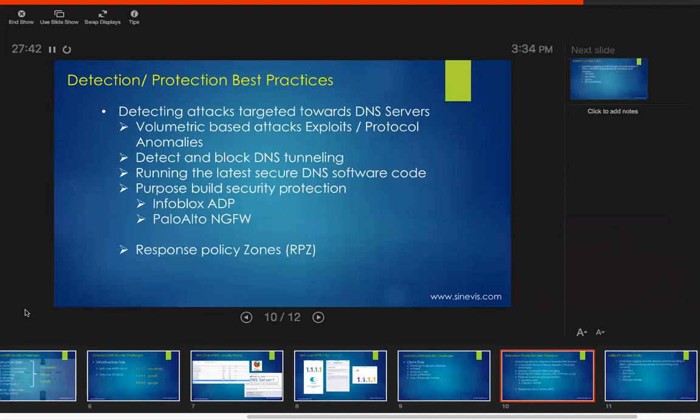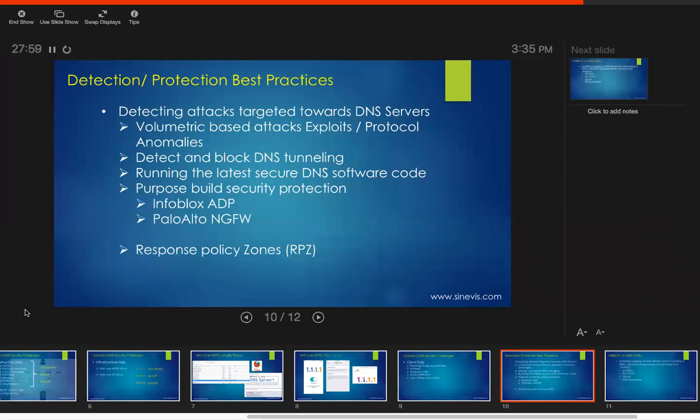DNSSEC is a misconception across many people I have talked to. People think once we enable DNSSEC, all our DNS communication is going to be secure and encrypted. That's not correct.